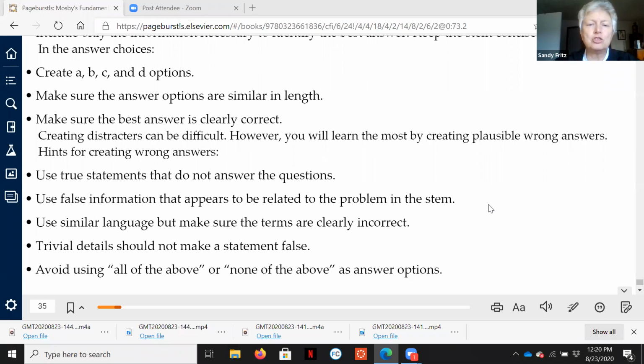Trivial details should not make a statement false. So a little tiny itty bitty nitpicky obscure information, you don't want to do that. And then avoid using all of the above or none of the above. Now, in the chapter tests, I do have some questions that have that, but the chapter tests are a little difficult or a little different.